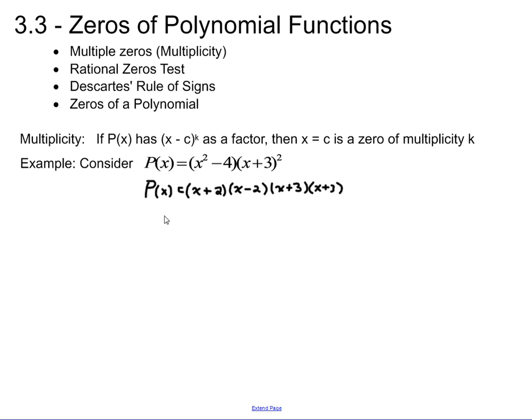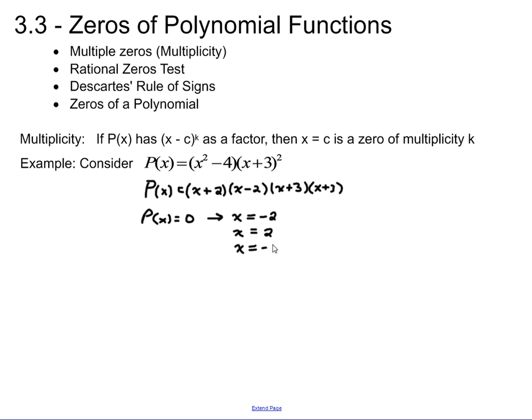Well, we find our zeros by setting p of x equal to 0 and finding the values of x that make that true. I won't go into the entire setup here, but we know that x equals negative 2 is a 0. So we would say p of x equals 0 at x equals negative 2. That's a solution. So is x equals positive 2. But so is x equals negative 3.